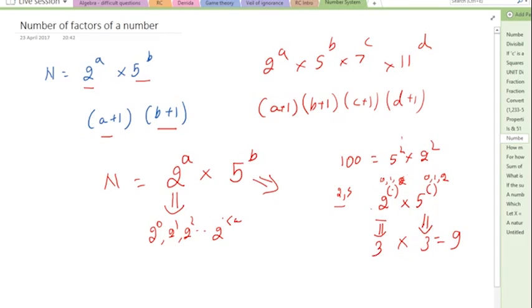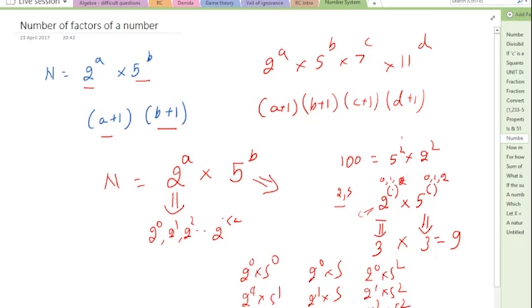You can then enumerate factors also, like 2 to the power 0 into 5, 2 to the power 1 into 5, 2 to the power 2 into 5, and then 2 to the power 0 into 5 square, 2 to the power 1 into 5 square, and 2 to the power 2 into 5 square, and 2 to the power 0 into 5 to the power 0, 2 to the power 1 into 5 to the power 0, 2 to the power 2 into 5 to the power 0.